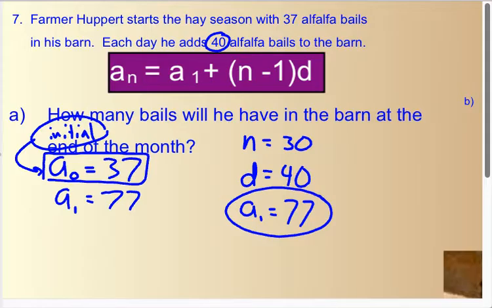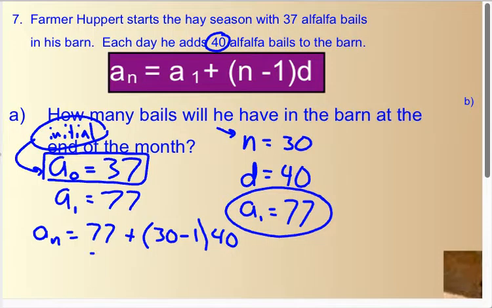So we're going to go with a 30-day month here. So a sub n equals 77, my a sub 1, plus 30 minus 1 times 40. 40 bales a day. It's a lot of hay. 77 plus 29 times 40.